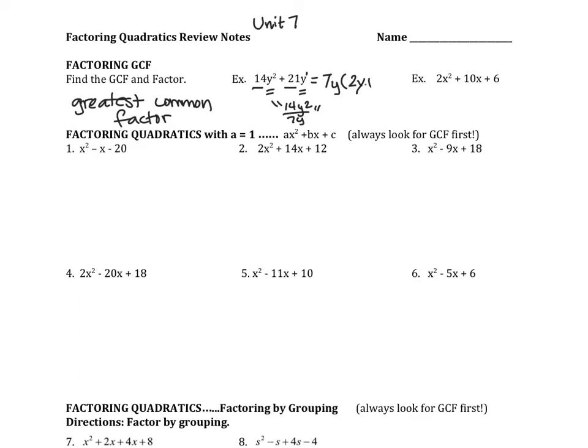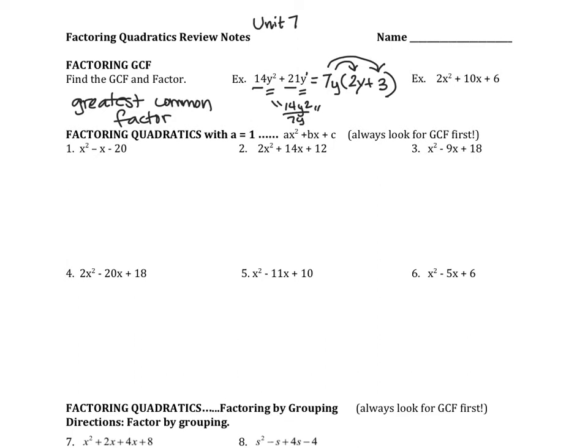And when I factor my 7y out of 21y, I get 3. If you're wondering if you've done this correctly, all you need to do is distribute your 7y back into your parentheses. And when you do that, you should get 14y squared plus 21y again. So let's take a look at doing that one more time.